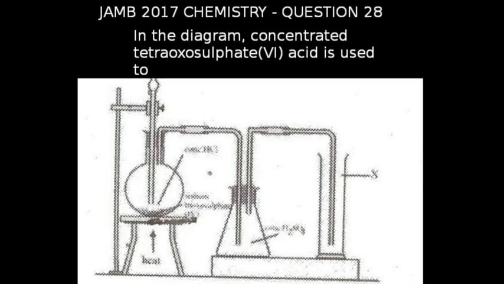Question number 28 of the JAMB 2017 chemistry exams, what we're looking at. In the diagram, concentrated tetraoxosulphate 6 acid is used to. This is a diagram illustrating the production of chlorine gas.